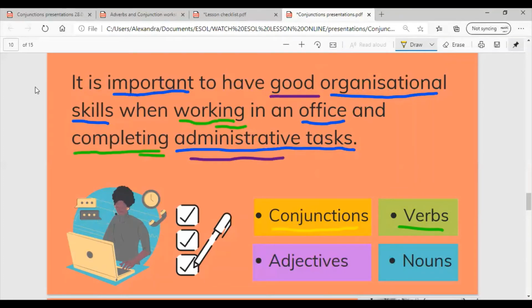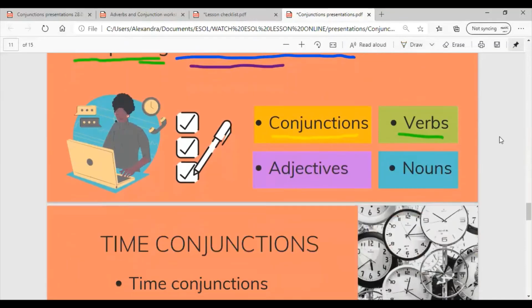We know that it is important to have good organisational skills when working in an office and completing administrative tasks. Now, when could also be an adverb. It really depends on context, but right now we'll look at it as a conjunction and we'll explain how that could be a conjunction in a little bit. But right now, if you focus on it and is and to and an and, these are all really common conjunctions that you'll see in nearly every sentence. So they're really good ones to be able to recognise and know how to use properly.